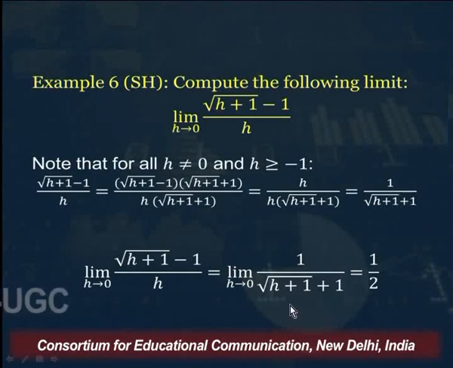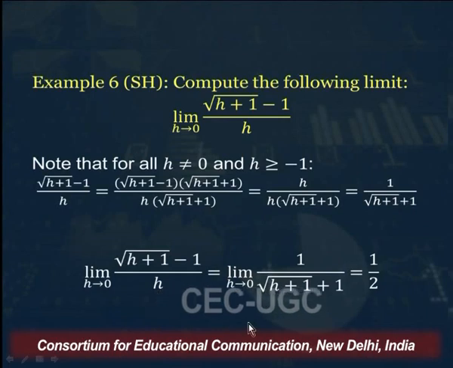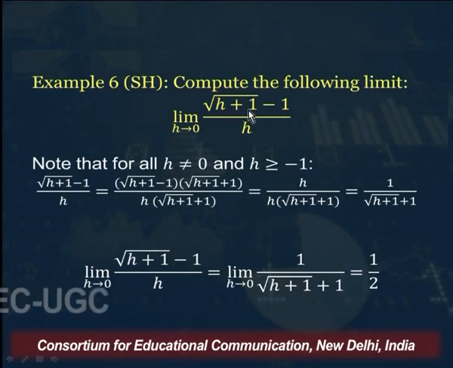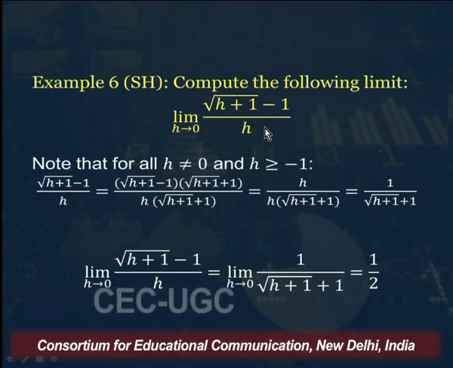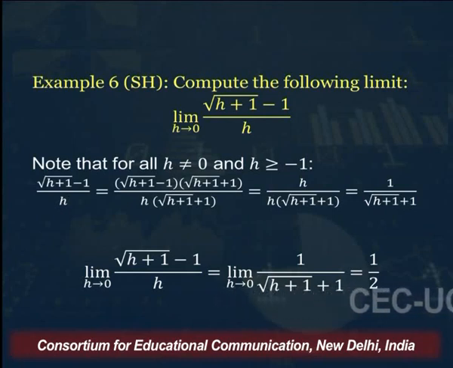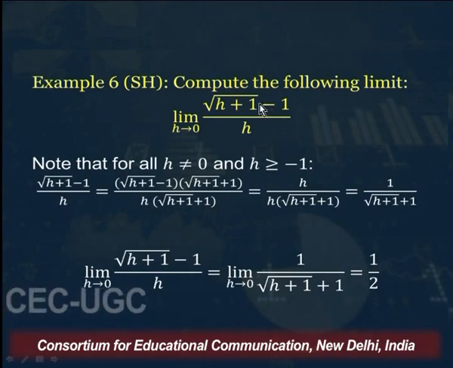Okay, and I'll do one more example to illustrate these rules. This is the case where you're asked to compute the limit of square root of h plus 1 minus 1, divided by h. Now the trick that we can use is to rationalize the numerator.